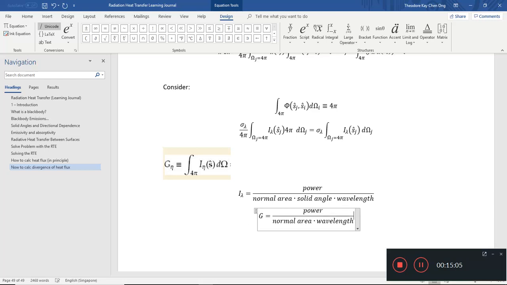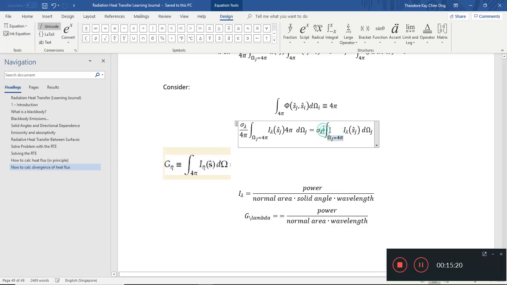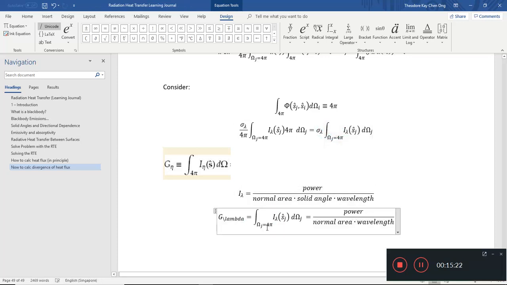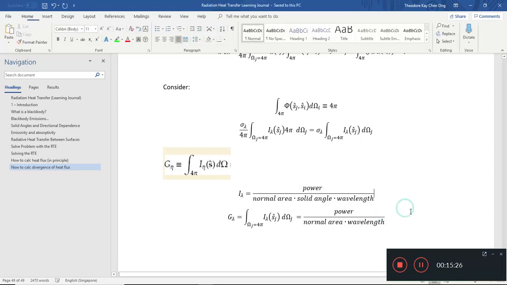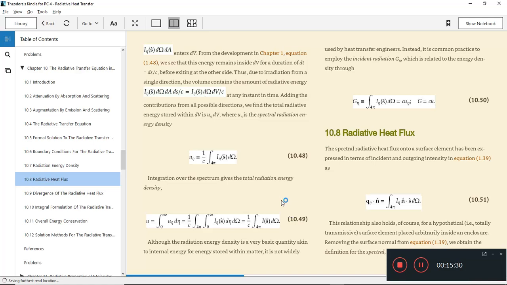If you want to be more specific, we can use G lambda, which equals just the integration as such. This is G, which is called the total incident radiation.